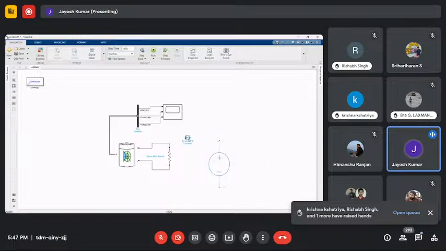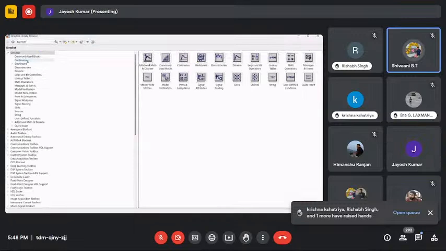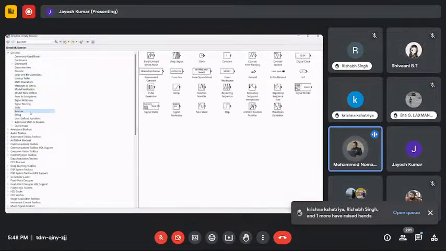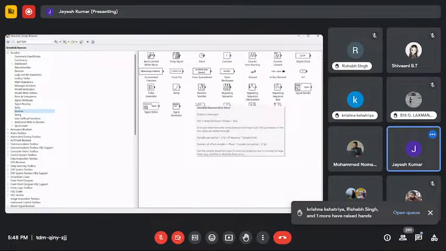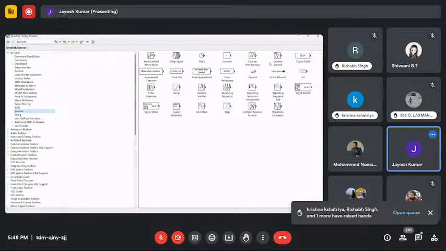What was the problem in this? In the SPS library, if you look for the DC voltage source, the source supply. Sir, I think you should use that DC voltage source.